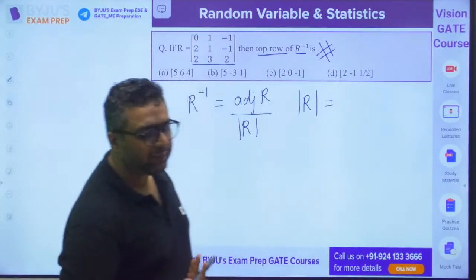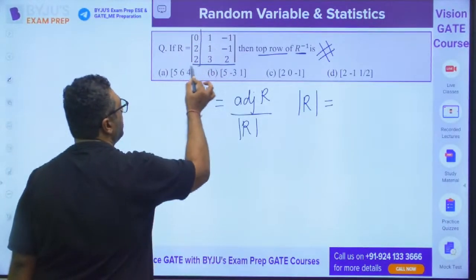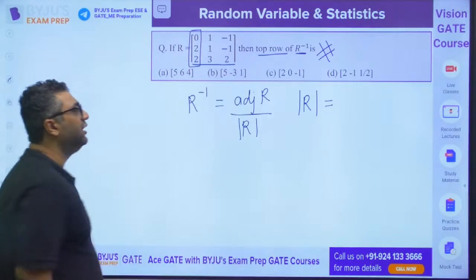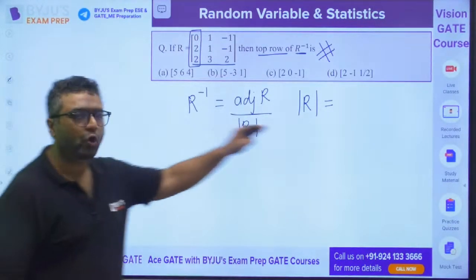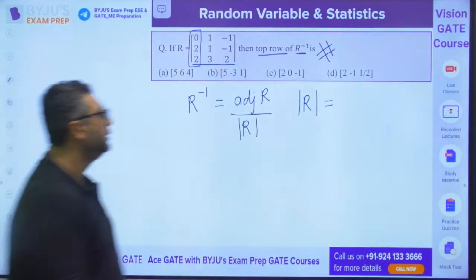Since I am going to take the transpose, it is better I find the cofactors of the first column. The cofactors of the first column will give me the first row of the R inverse matrix. So first find out this determinant of R.